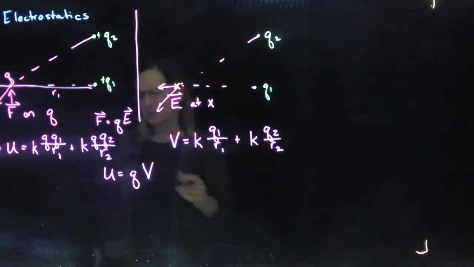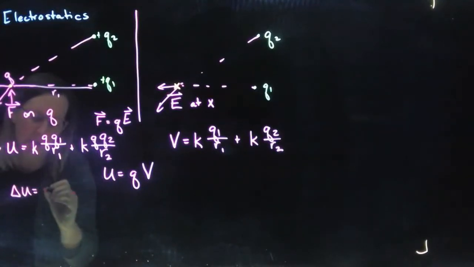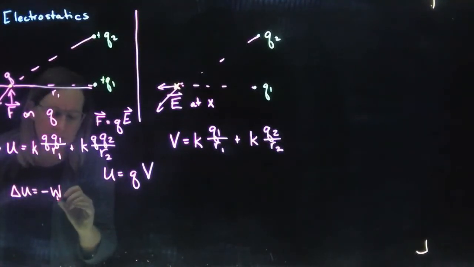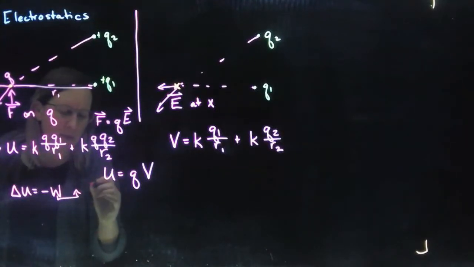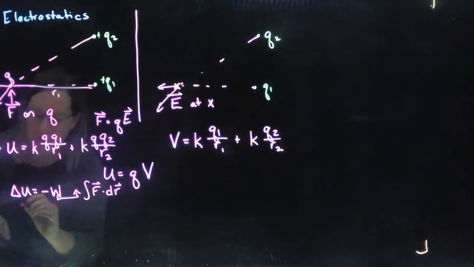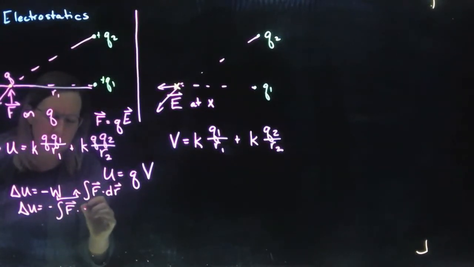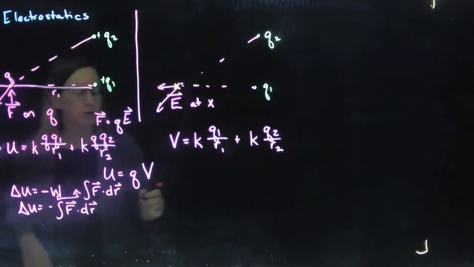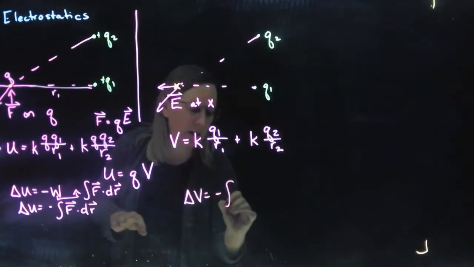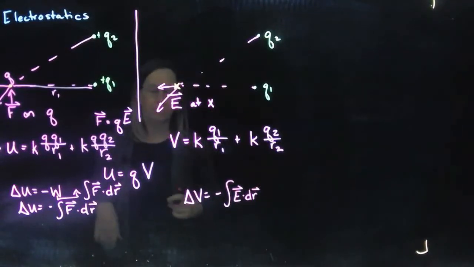We got to this expression by saying change in potential energy equals minus the work, and the work was this integral of F dot dr. Over here, our change in the voltage is equal to minus E dot dr, okay?